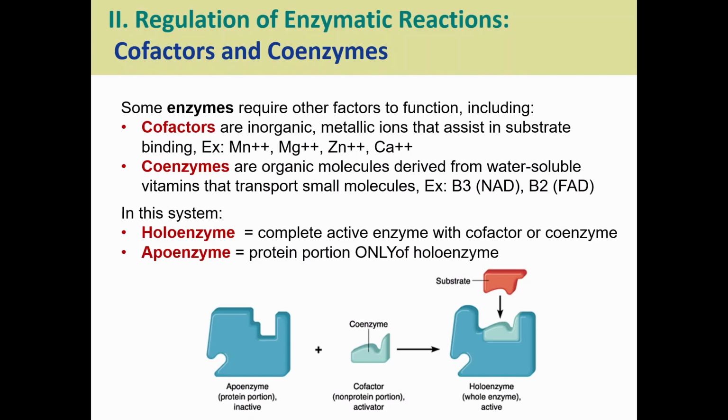The enzyme plus the cofactor or coenzyme. So we need all these pieces to come together for some enzymes to function. Again, not every single enzyme does this, but a lot of them do. A lot of them have some sort of cofactor or coenzyme to help regulate the job of the enzyme, the enzyme's ability to work.